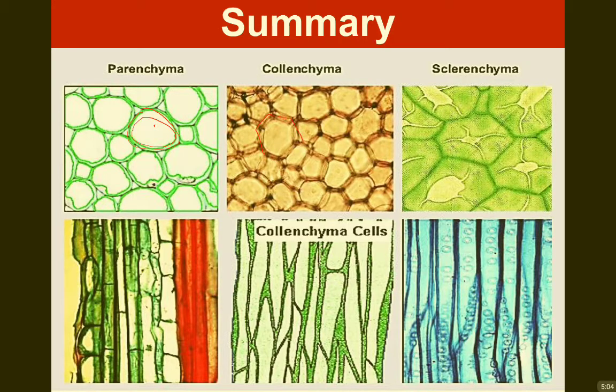Collenchyma, it is an elongated cell here, and the cell wall is unevenly thickening at the corner. For this one, you can see that inside here we only have the lumen, no protoplasm, no nucleus, no cytoplasm, and so on, and the wall is very evenly thickening.